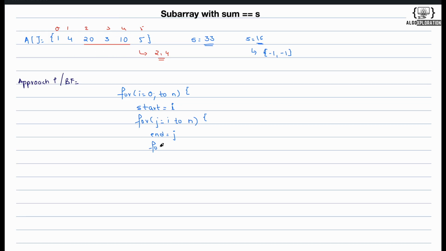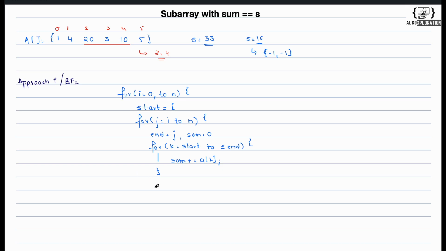So we are going to have a third for loop in which k will start from start and it will go till less than or equals to end. Okay, don't forget. Now here we are going to find the sum. So sum plus equals a of k. That's it. Okay, don't forget to have sum equals to 0 at every iteration of the second loop.